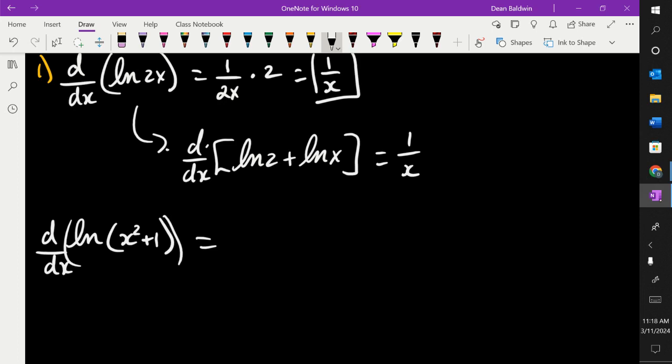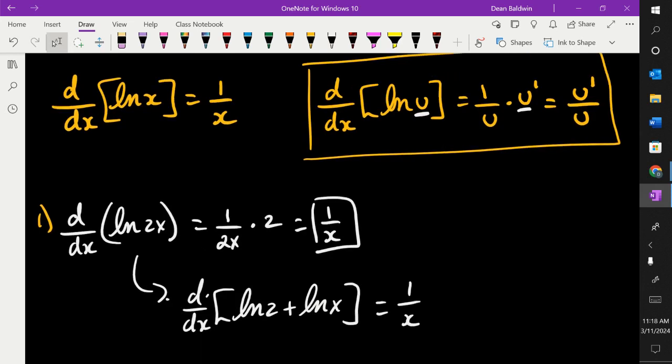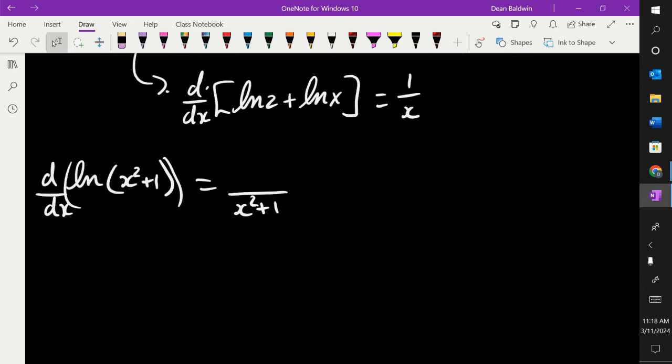X squared plus 1. That goes in the denominator. What goes in the numerator? The derivative of the argument. That's what this is. The derivative of the argument. What's the derivative of x squared plus 1? It's just 2x. You can't simplify it or anything.